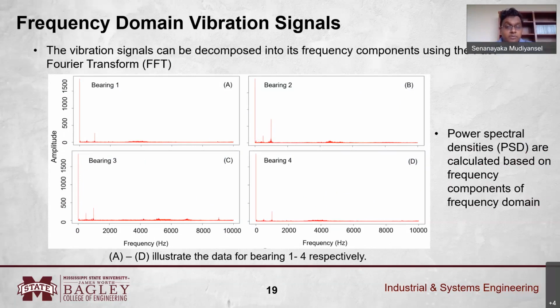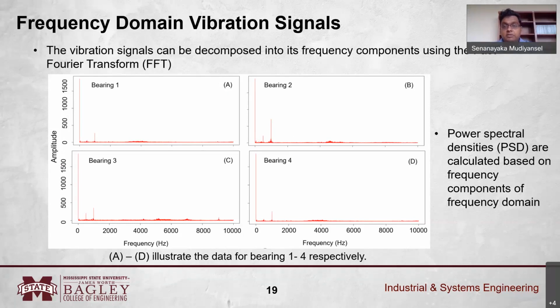If we have these frequency domain signals for each and every bearing, we calculate the power spectral densities.